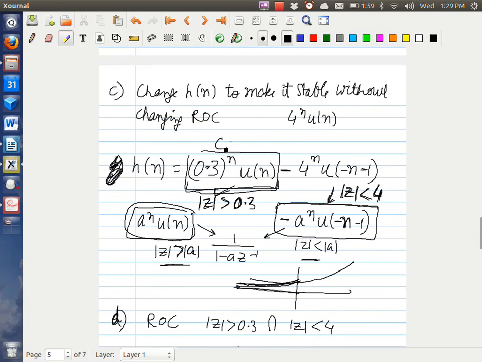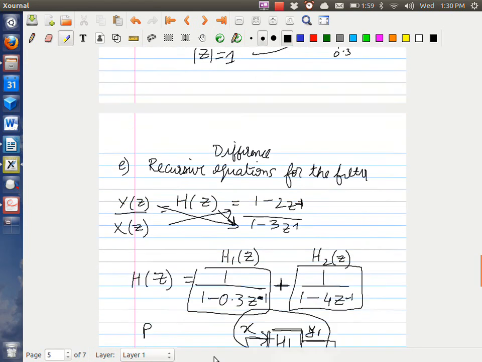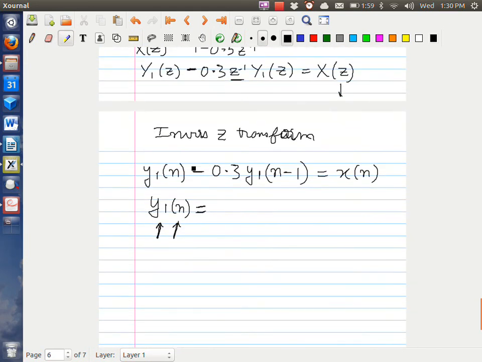We can see that it has a u of n. So we have to write the causal difference equation, which means y of n in terms of y of n minus 1. So it will be y1 of n equals 0.3 y1 of n minus 1 plus x of n. So this is clear, right, everyone?